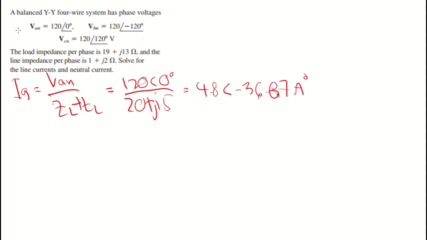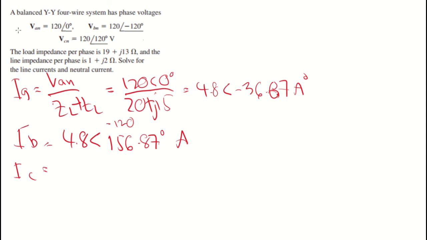Okay, so IB and IC are a bit simpler, because we have the result of IA. For IB, the magnitude should be the same, 4.8 angular, and we need to minus 120. So minus 120, you get minus 156.87 degree ampere.